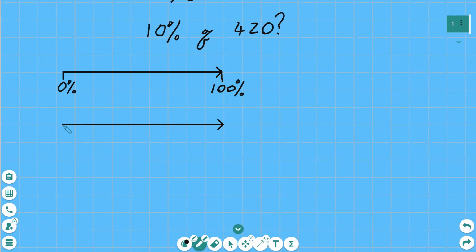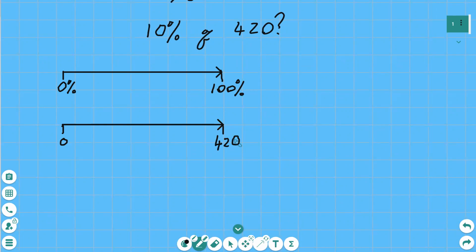And the line for the number will go from 0, it's not percent this time, it's just 0 because it's just a number, to 420, which is 100%. The whole number, 100%, is 100%. So you can say, I'm 100% full of pizza. I'm 100% happy. It means you're completely happy. You couldn't be happier.